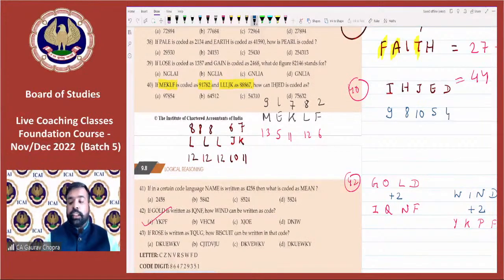Now we can subtract 4 from each of them and get the result. So 9 minus 4 is 5, 8 minus 4 is 4, 10 minus 4 is 6, 5 minus 4 is 1, and 4 minus 4 is 0. So we are getting 5, 4, 6, 1, 0. Okay.